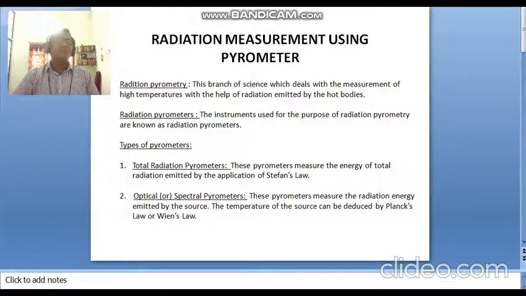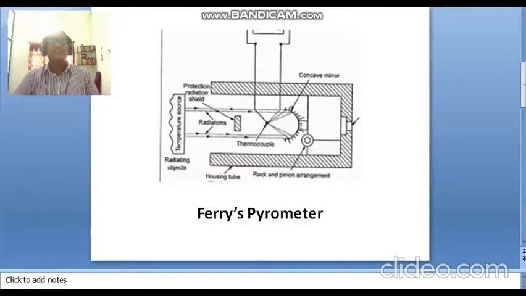Now come to Féry's total radiation pyrometer. This is the schematic diagram of Féry's pyrometer, invented by Féry. In this pyrometer, he used a thermocouple, and with its help he measured the temperature of a given hot body.